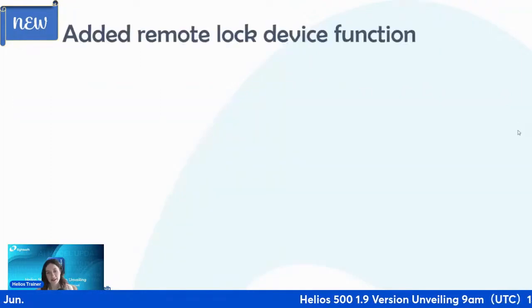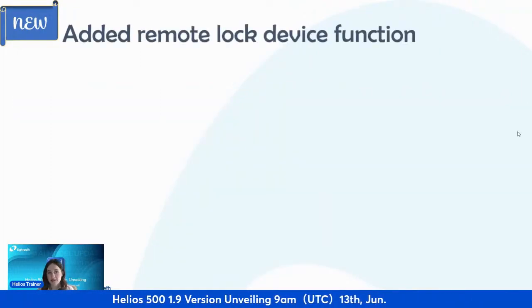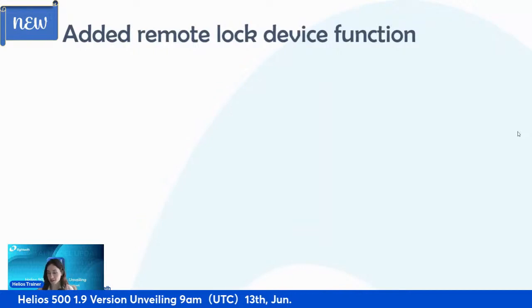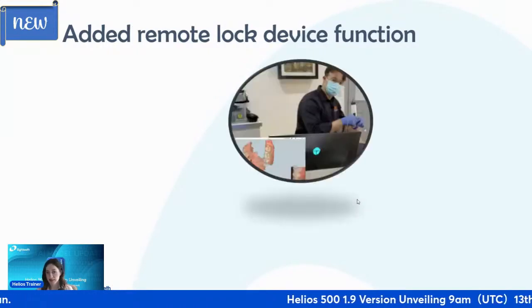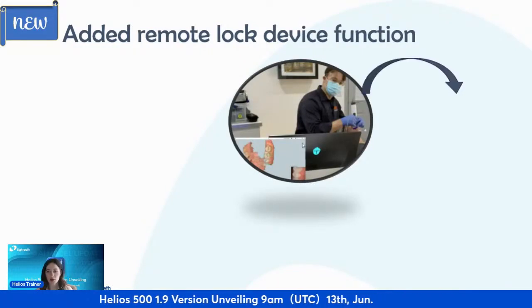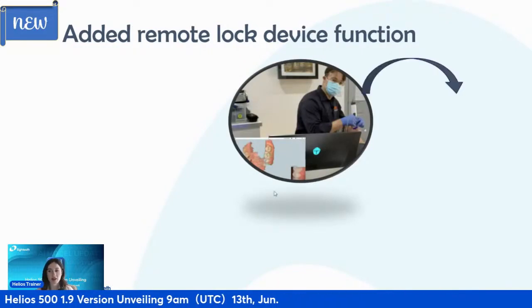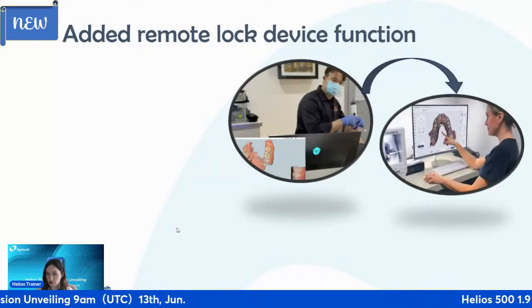Okay, last but not least, let's continue. Now we have an added remote lock device function. What does it mean? As you know, in the workflow, after dentists scan, they send the case for designing and restoration to a partner laboratory.